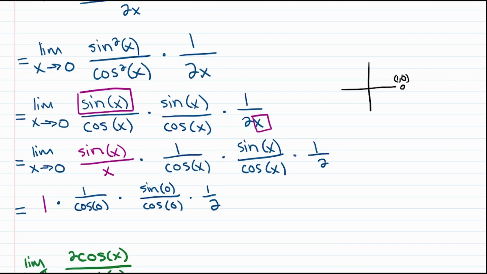So our cosine of 0 would be 1. Our sine of 0 would be 0. And we'd have another 1 for cosine of 0. And then we'd have 1/2. Since we have a 0 here, 0 over 1 is just 0, and when we multiply everything together, our final answer would just be 0.